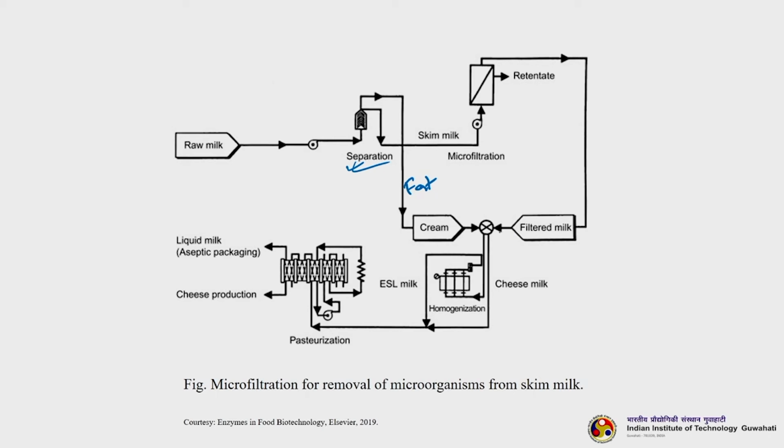Here cream is also coming. These all become the cheese milk, going through homogenization, then pasteurization, and then cheese production or liquid milk packaging.